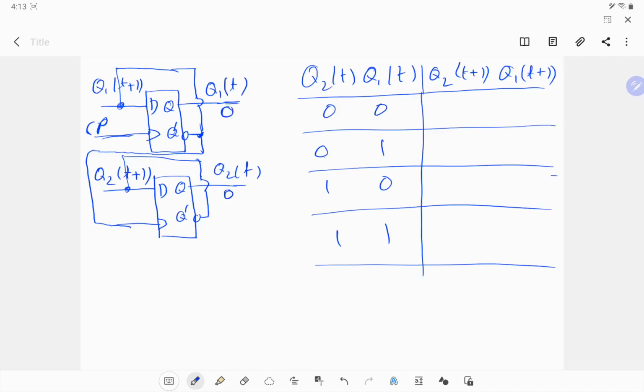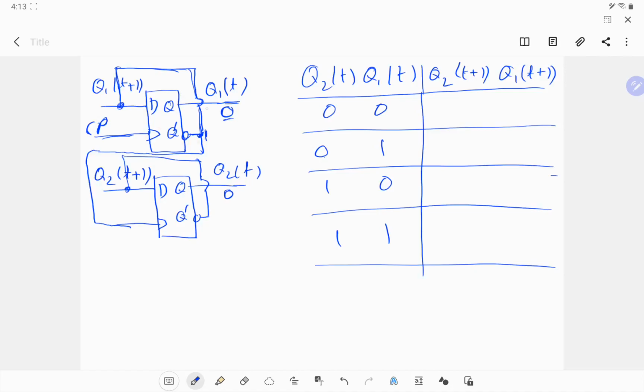Then when the input clock pulse goes from 0 to 1, the first flip-flop is triggered, and when the first flip-flop is triggered, the reverse output of the first flip-flop goes to the input of the same flip-flop. We also know that Q1 is 0, so Q1 prime is definitely 1.